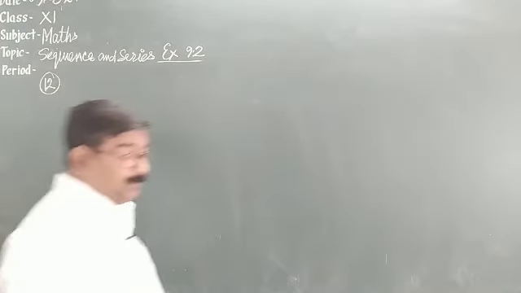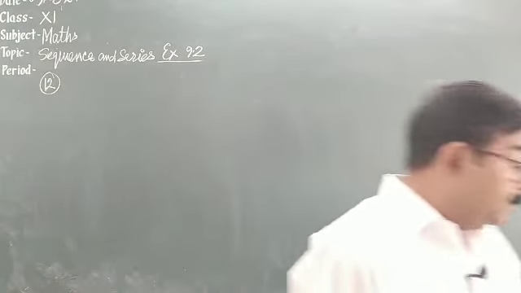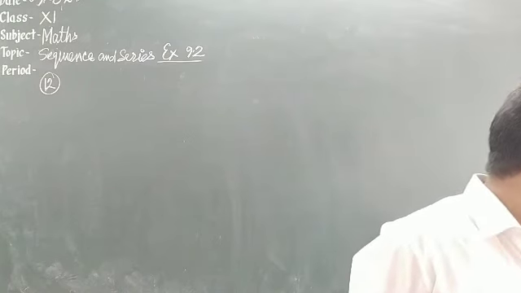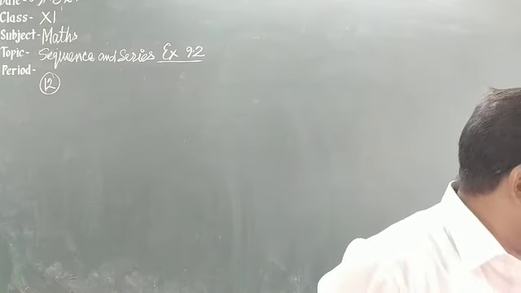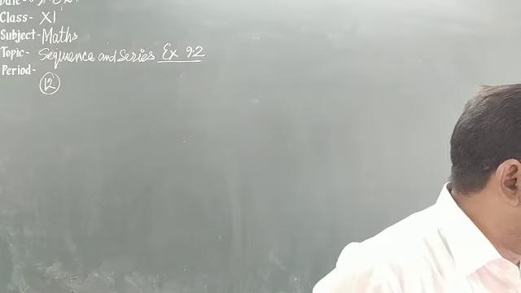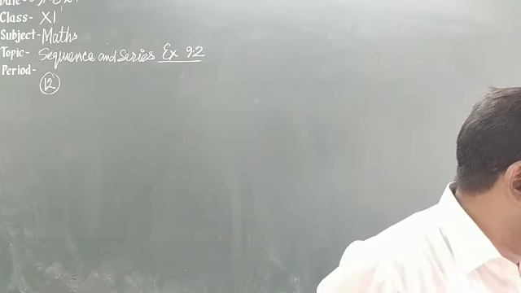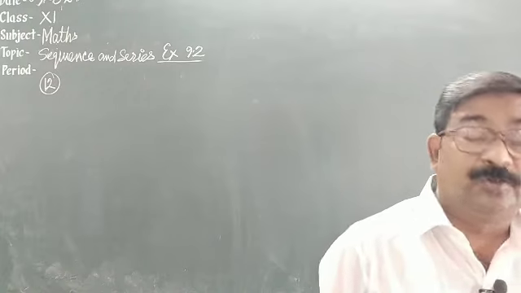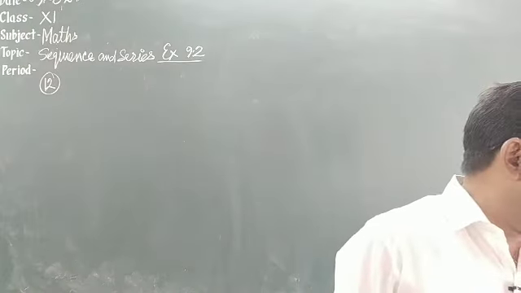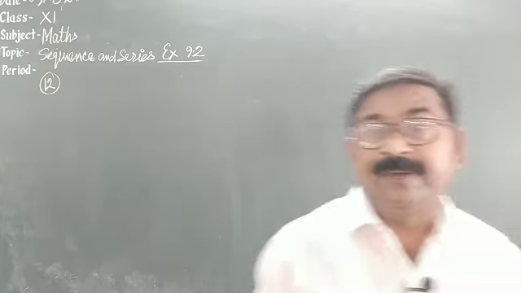In 12th question, we are given the ratio of sum of m and n terms of an AP is m square is to n square. Then show that mth and nth term are in the ratio 2m minus 1 is to 2n minus 1. What is given? Sum of m terms and sum of n terms.